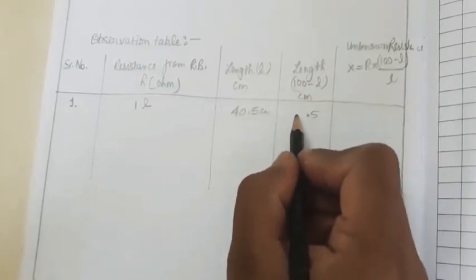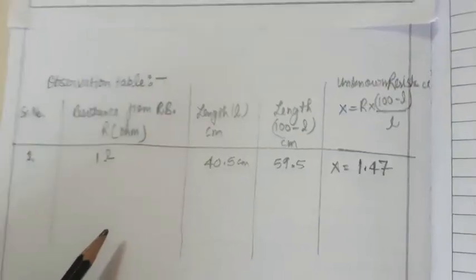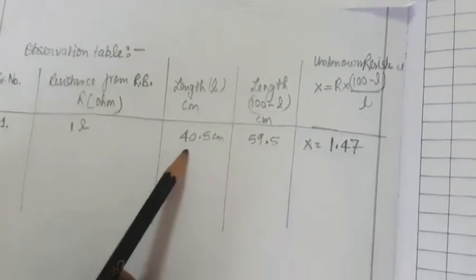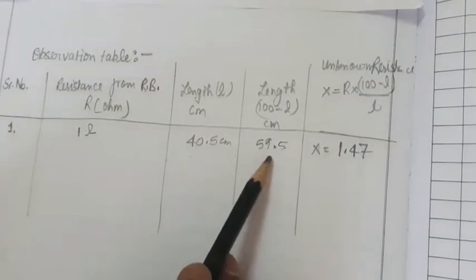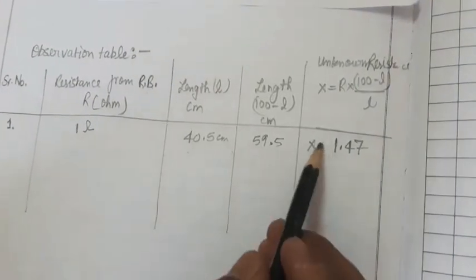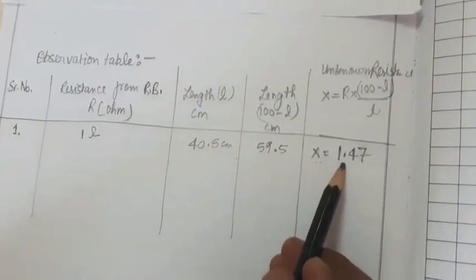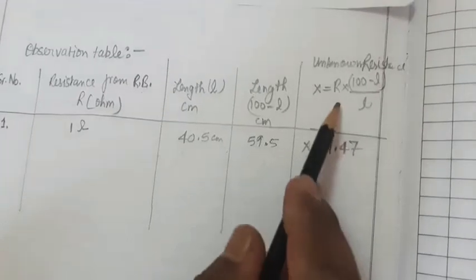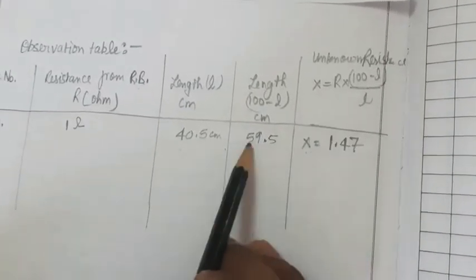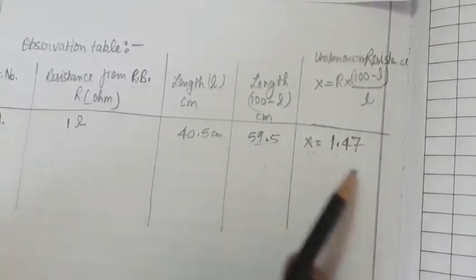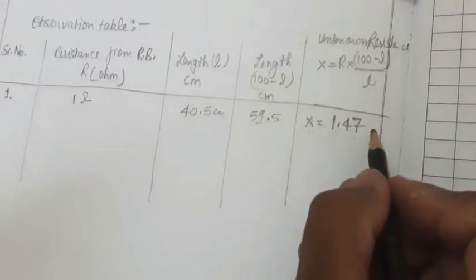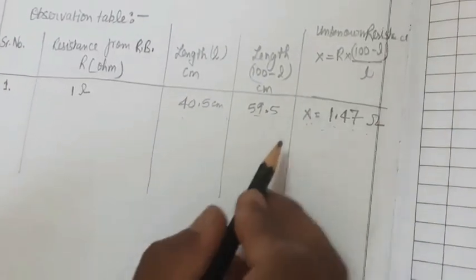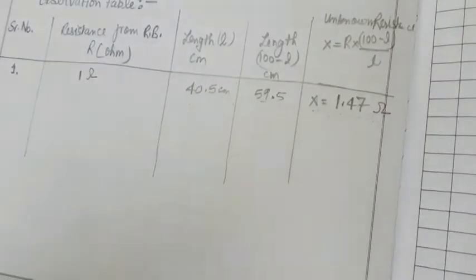Then 100 minus L will be equal to 59.5, and the unknown resistance X will be equal to R1 into (100 minus L) upon L, that is 59.5 upon 40.5, that will be equal to 1.4547 ohm, because it is resistance.